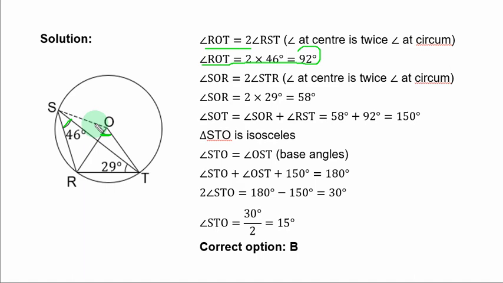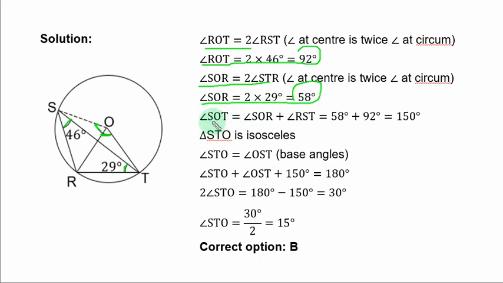We can also get this angle, which is also an angle at center, and is twice this angle at circumference. So angle SOR is equal to 2 times angle STR. Angle at center is twice angle at circumference. So angle SOR is 2 times 29 degrees, and that is 58 degrees.